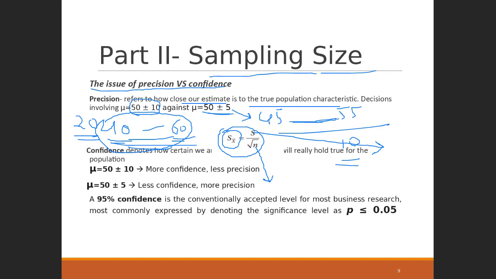Young people share similar shopping habits, similar musical tastes, similar brand preferences, and similar movie choices. So there is lesser variability in your population if you are only choosing young people.